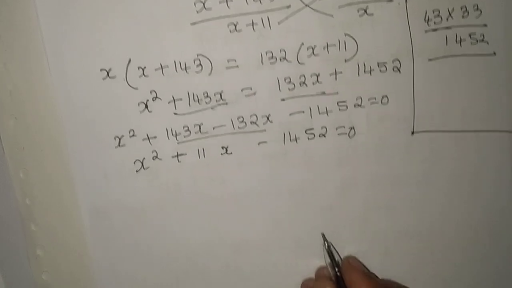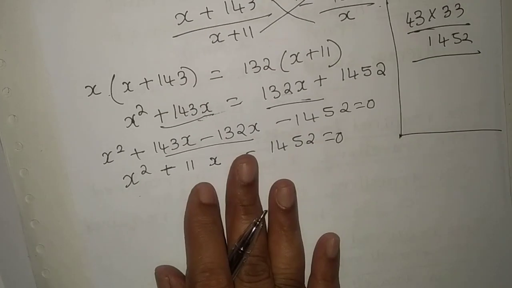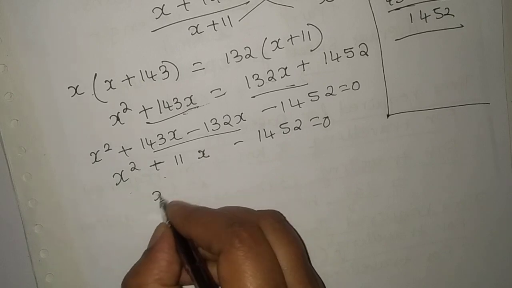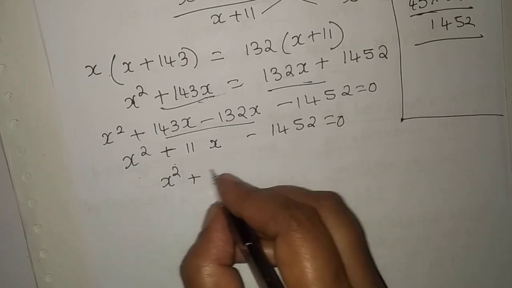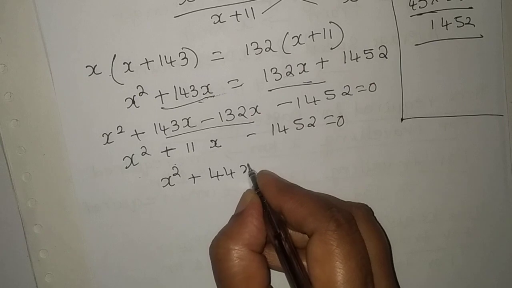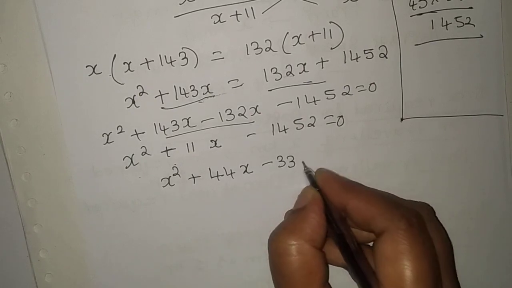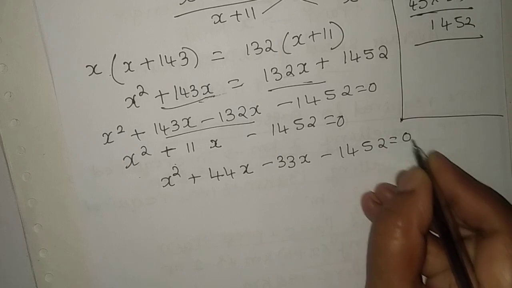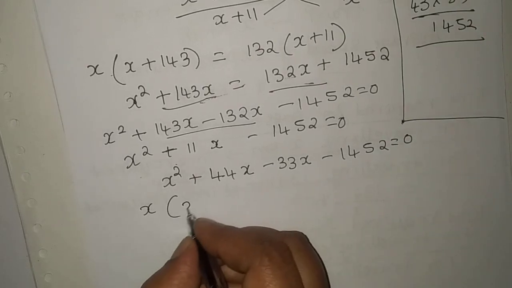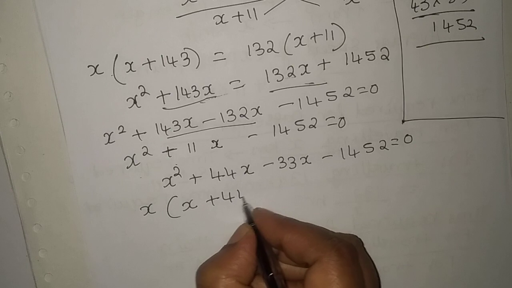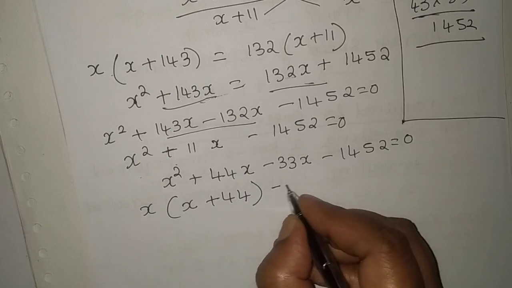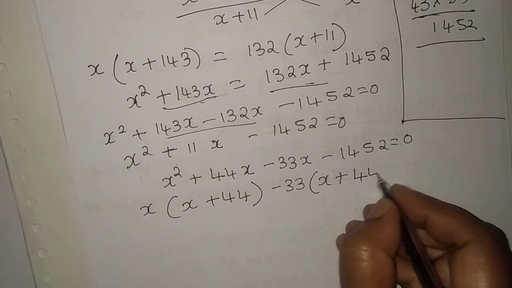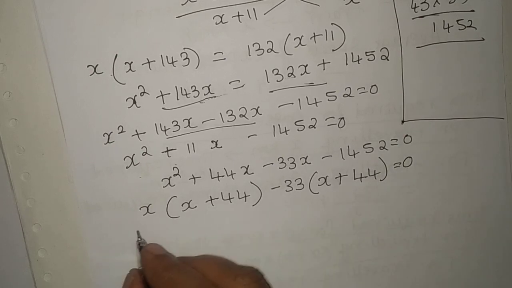Now substitute here: x square plus 44x minus 33x minus 1452 equals 0. Taking common, x into x plus 44 minus 33 into x plus 44 equals 0.